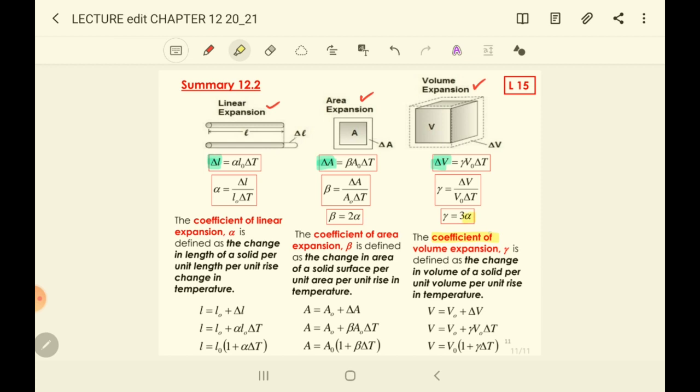You need to calculate the coefficient of volume expansion first in order to use the equation delta V equal to gamma V naught delta T. How to calculate gamma? Remember, gamma is equal to 3 times alpha. So when the question gives you the value of alpha, the coefficient of linear expansion, please make sure you first calculate the coefficient of volume expansion in order to calculate the change in volume, for example.